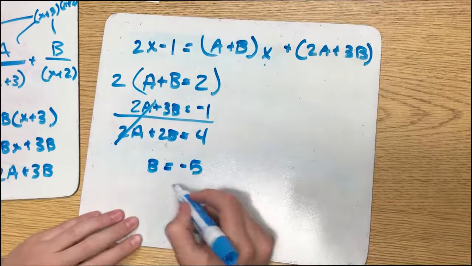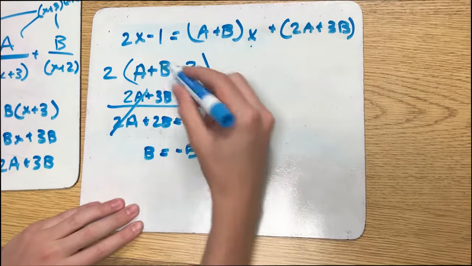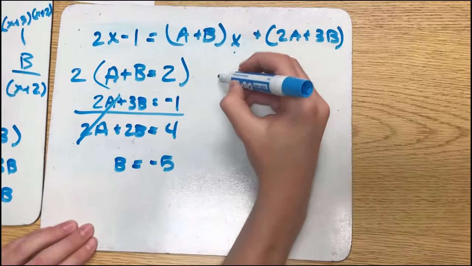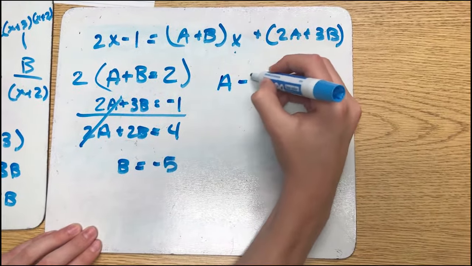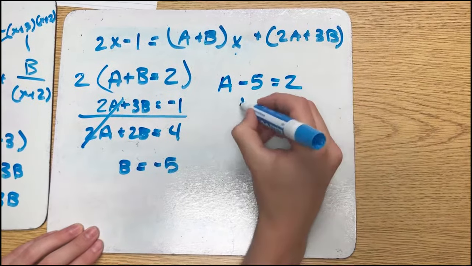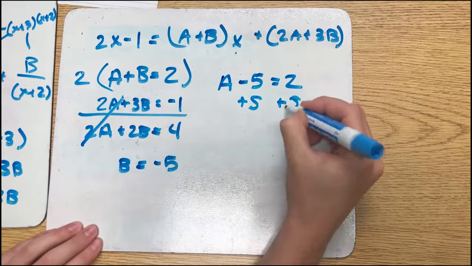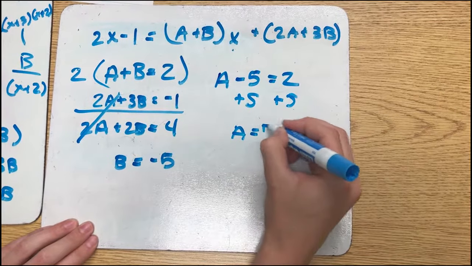And now you plug in the B for this equation up here, so we get A minus 5 equals 2, add 5, A equals 7.